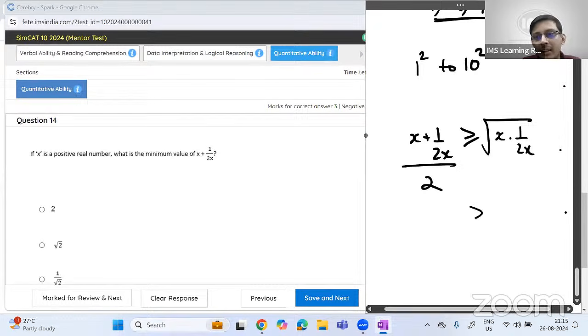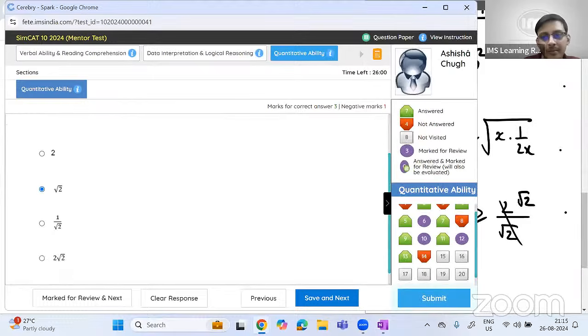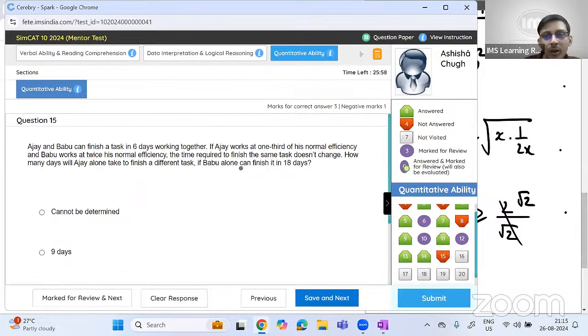So x plus 1 by 2x is at least 2 divided by root 2, which is simply root 2. Greater than or equal to root 2. The minimum value is therefore root 2. Simple question. Okay, next one.